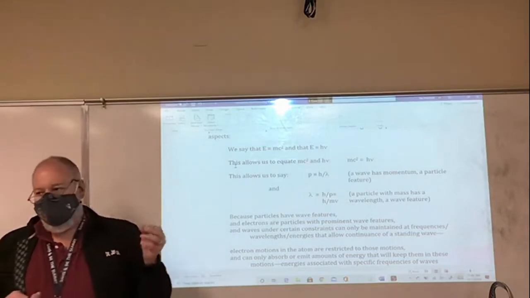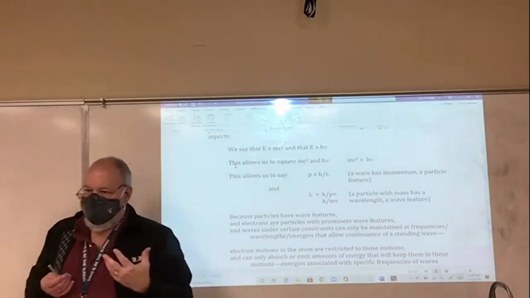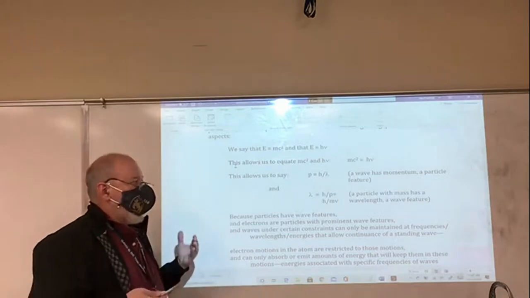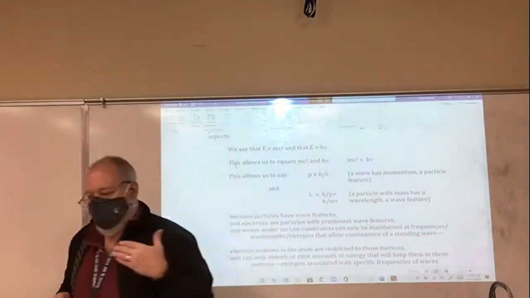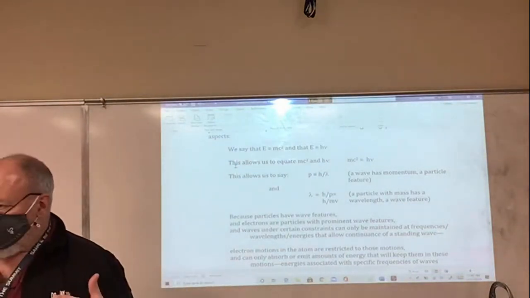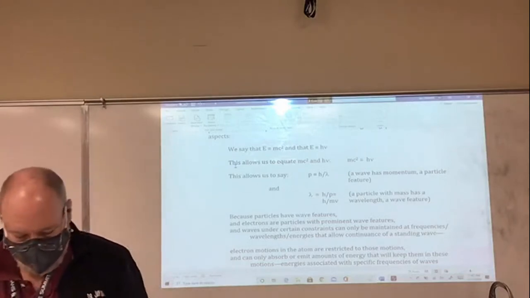But those are parts of a meter, and we're so much larger than that that our particle nature dominates. So if that kind of question comes up, the key thing that decides which nature something is going to exhibit the most is its size versus whatever the supposed wavelength would be.